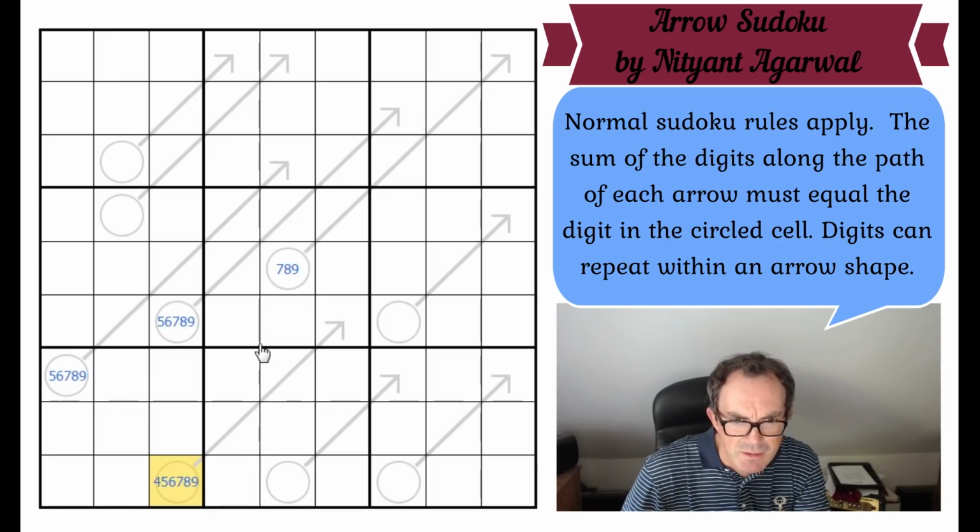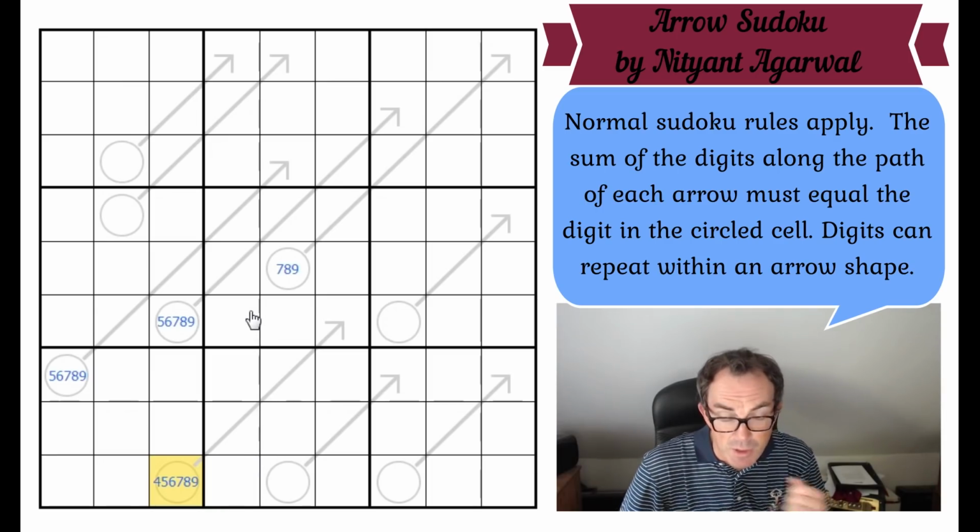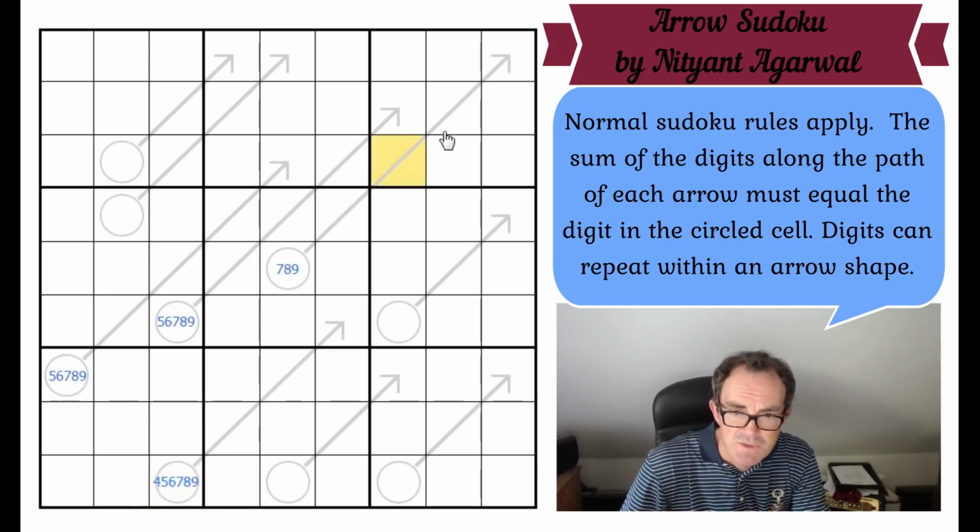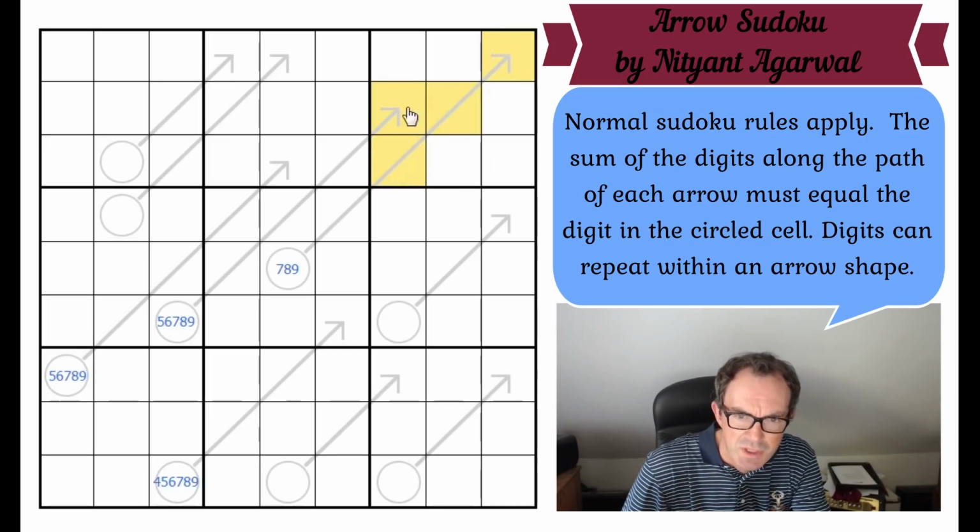So is there a way of? For instance, obviously, if these are 1, 2, and 3, this square would have to be 4, I guess. So I'm now wondering whether the arrows combine somehow to restrict. The problem is I don't know how.